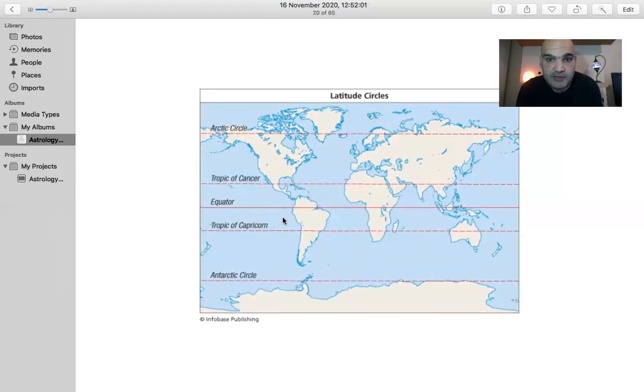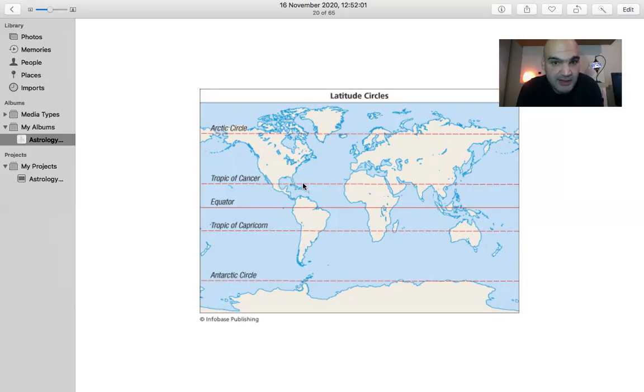In the last episode of the Basics of Astrology, I explained that the sun goes in this section here, which is from the Tropic of Cancer to the equator to the Tropic of Capricorn, and then from the Tropic of Capricorn back to the equator, and then it just keeps going up, down, up, down, up, down. And this is what creates a season.